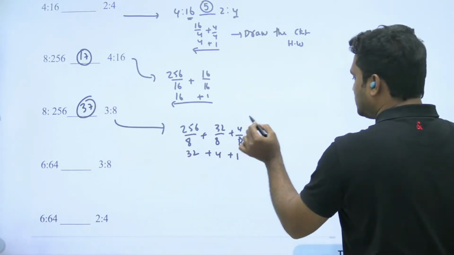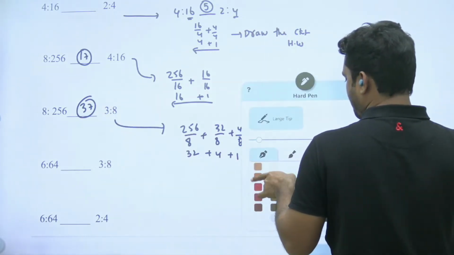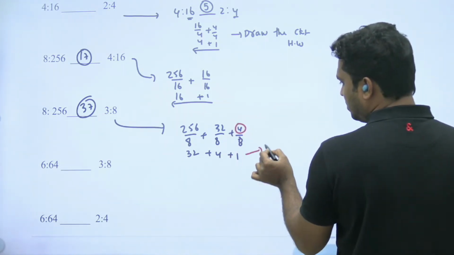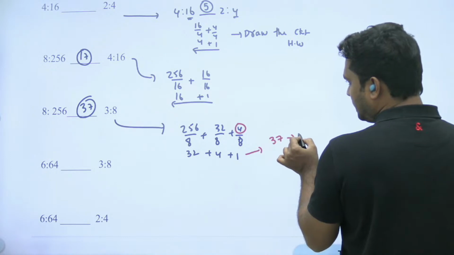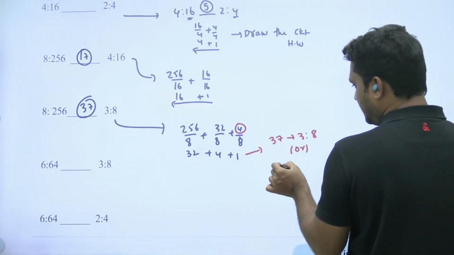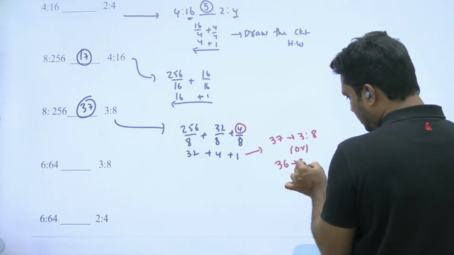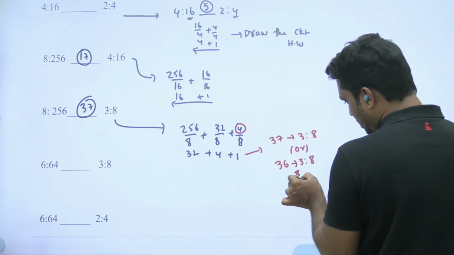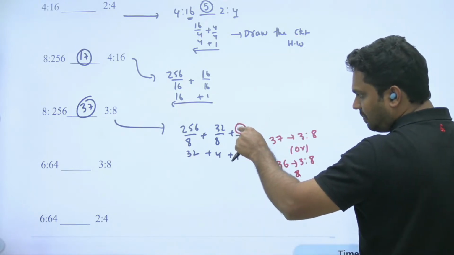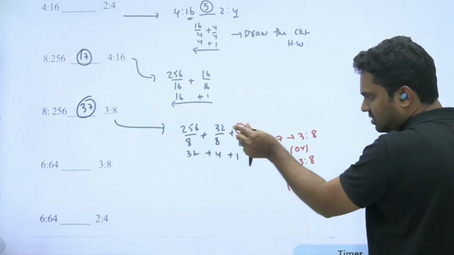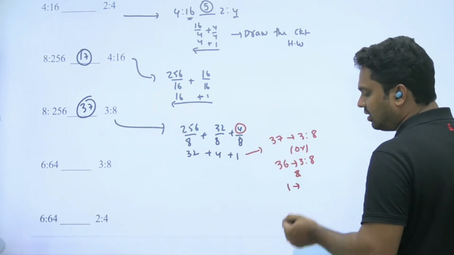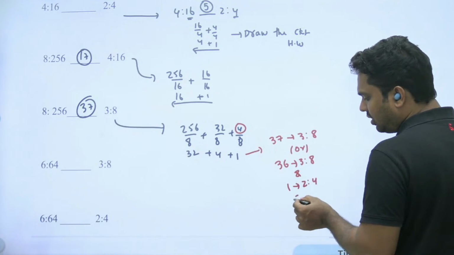You can also say 36 3 to 8 and 1. If it is not a perfect division, it means these many lines are sufficient, no need to take 8. So you can say one 2 by 4 is enough.